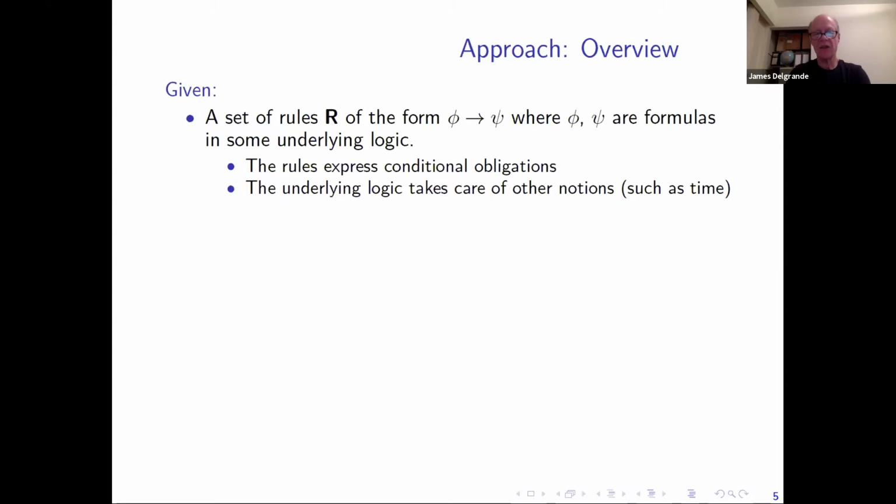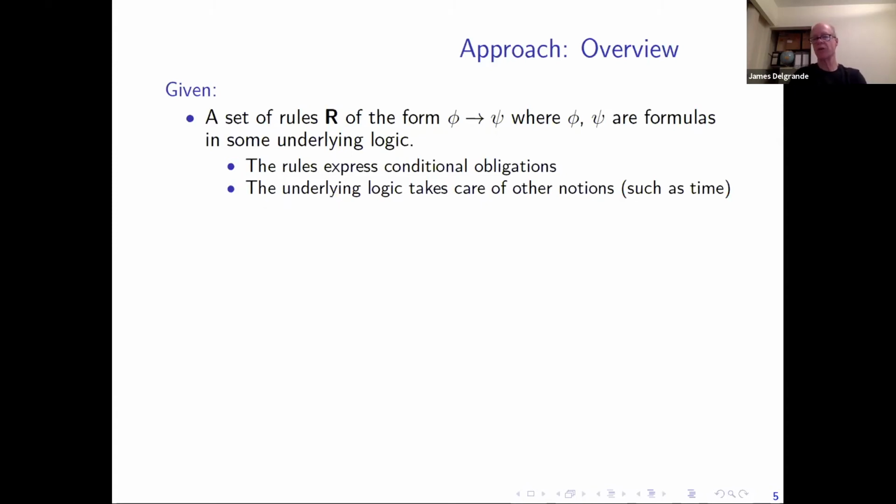Here's the setup. We begin with some set of rules of the form phi arrow psi, read if phi is true, then psi is obligatory, should be the case. These things are just formulas in some underlying logic. I'll be dealing with propositional logic, but the idea is the underlying logic could take care of other notions, such as time.